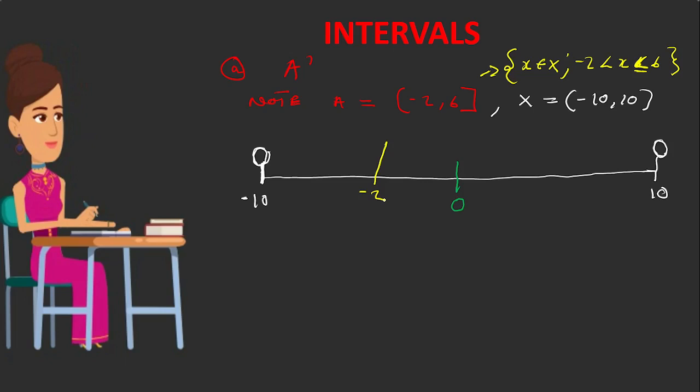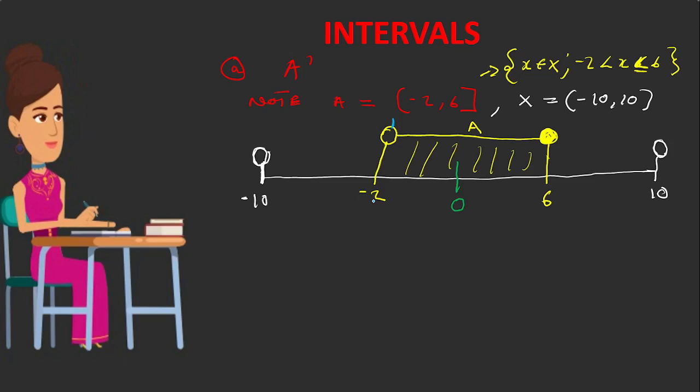I'm going to put on top there, I'll put a bar. Because negative 2 is not in A, that means that negative 2 is in the complement.